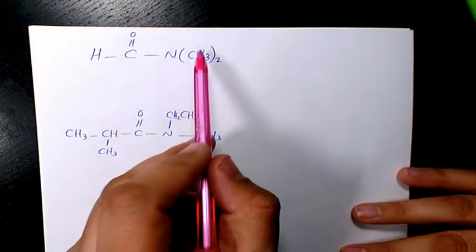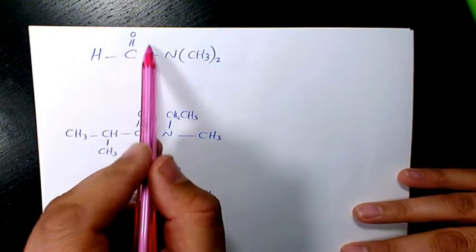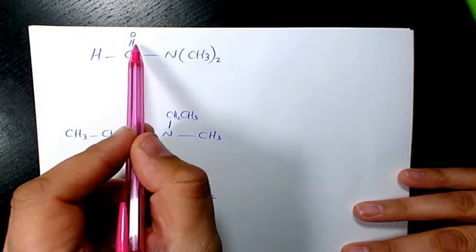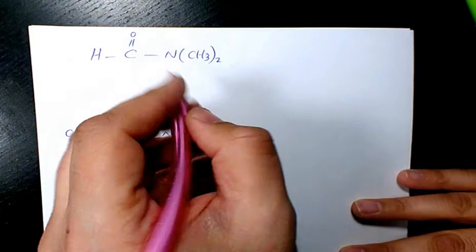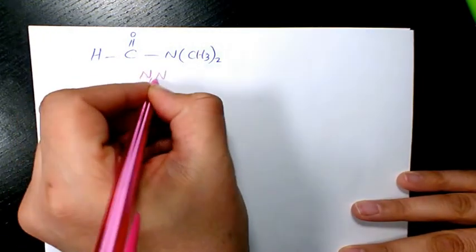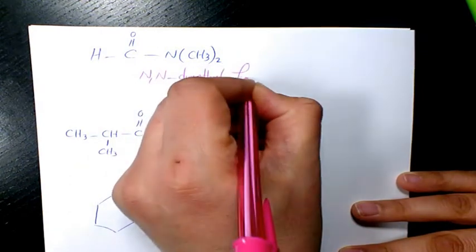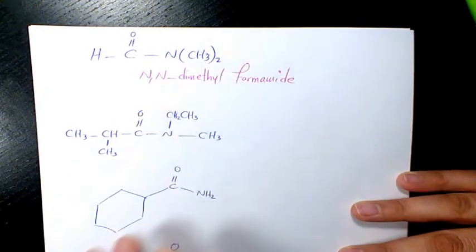In this one, 2 of the hydrogens are substituted with methyl. Here we have nothing. It comes from methane. So as you saw it earlier, we have methanamide or formamide. So we have N and N dimethyl formamide or methanamide.